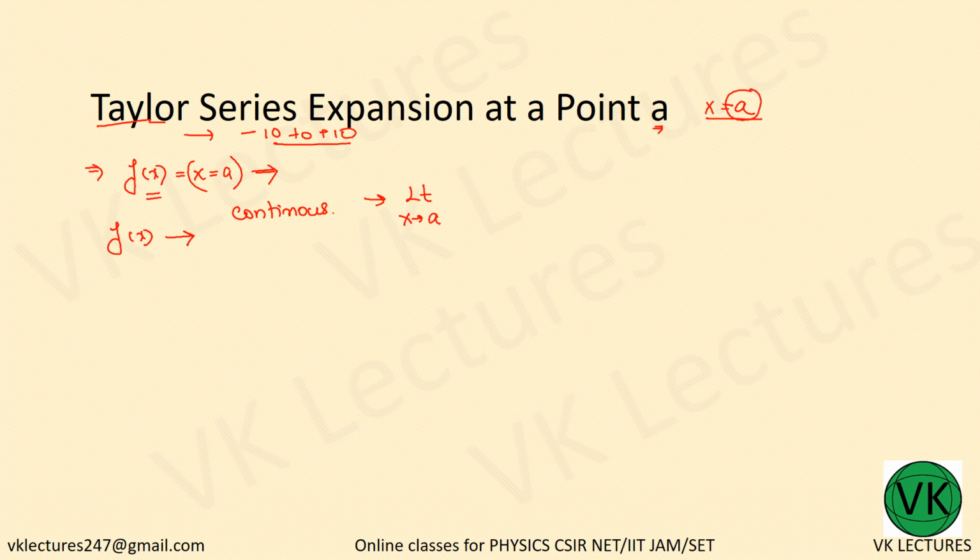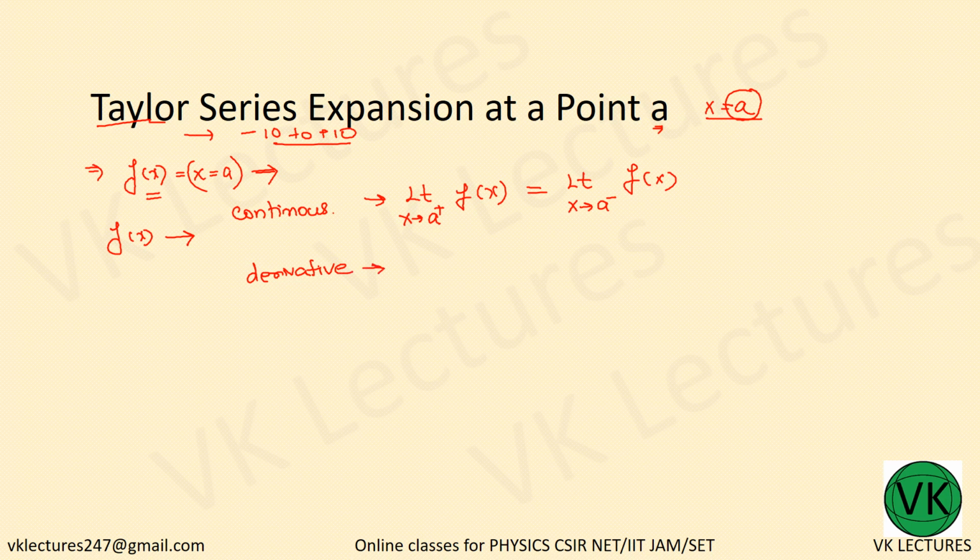So a plus, that means just a point ahead of a, f of x. That means for example if a is 1.1, it should be equal to limit x tends to a minus f of x. At these two points it must be equal, then it is called continuous, and the derivative must exist.